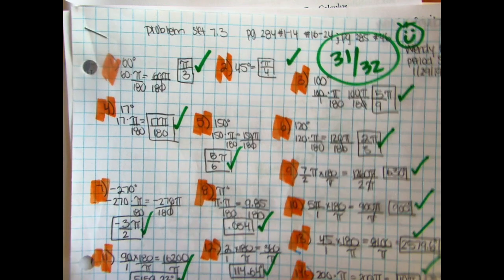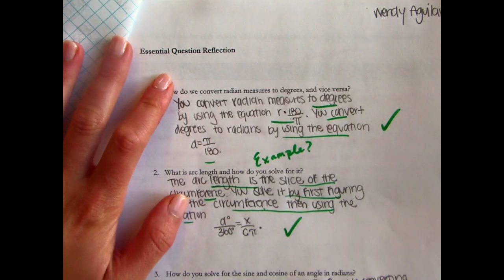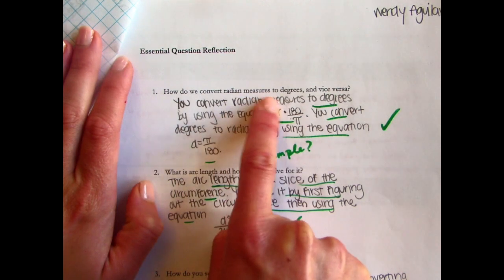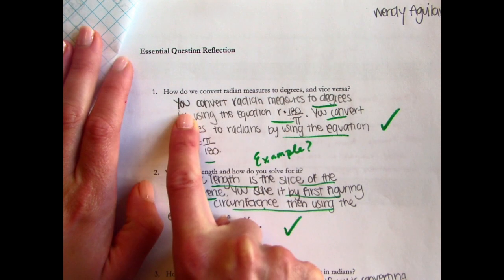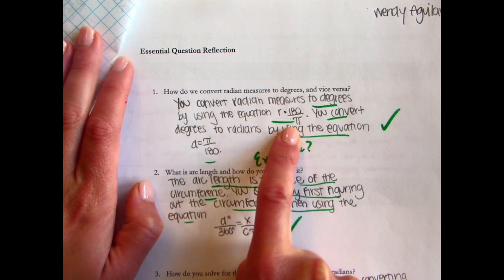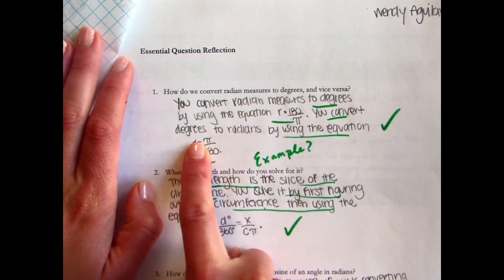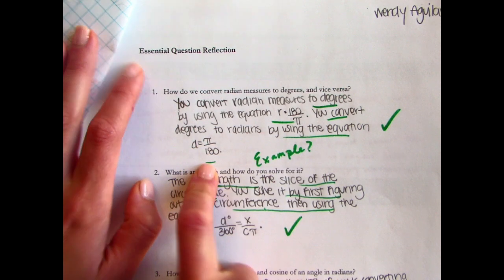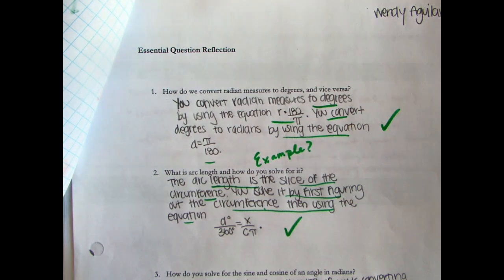Degrees equals radians times 180 over pi, and radians equals degrees times pi over 180.